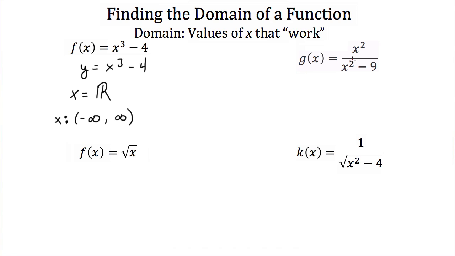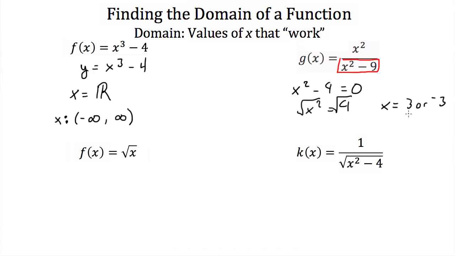Notice that if I look at just this denominator, x squared minus 9, if I set this equal to 0, I'll get x squared is equal to 9, take the square root of both sides, and I'll get x is equal to 3 or negative 3.